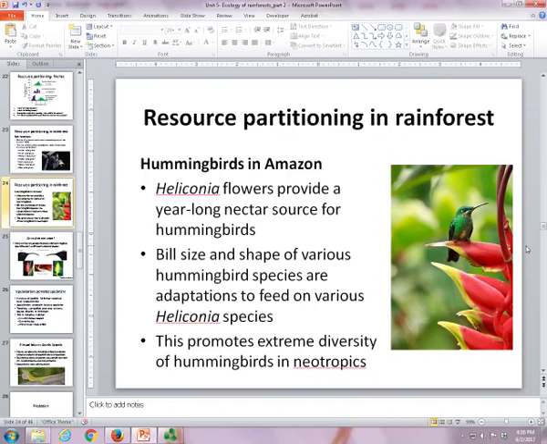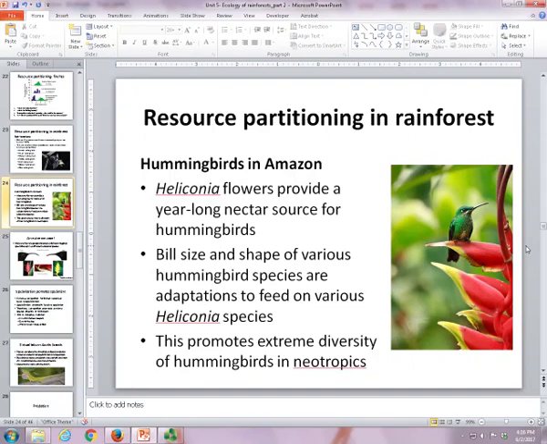And the bill size and shape of hummingbirds are precisely adapted to utilize nectar from one or few species of heliconia. There are so many species of hummingbirds in the tropics. So far there's about 350 species worldwide, and in the neotropics we can see about 300. And this is how they coexist. They have very specialized bills.